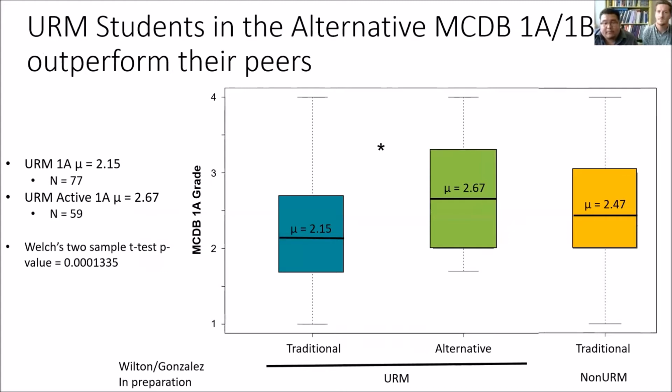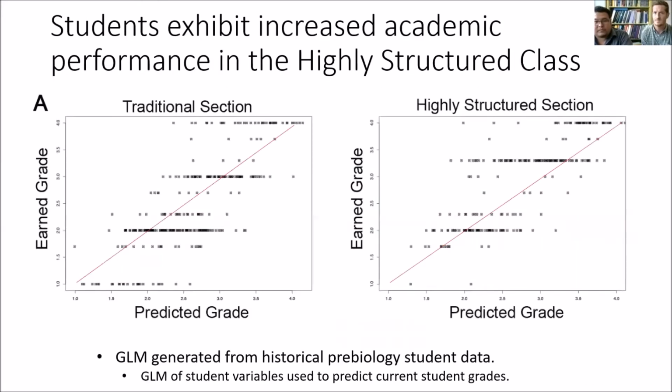So half a point of average higher than in the traditional section. Not only that, but if you compare it to the traditional non-URM students, it is still, if not significantly different, showing an upward trend. So our students, especially the URMs, are doing better in the courses.